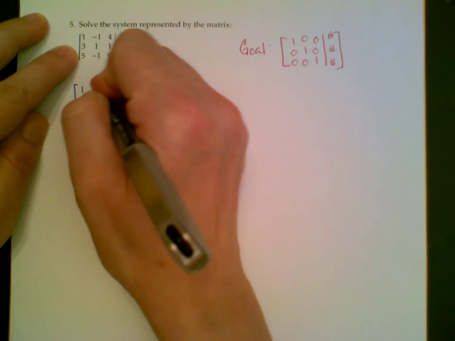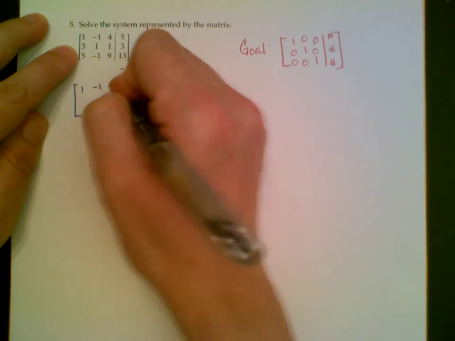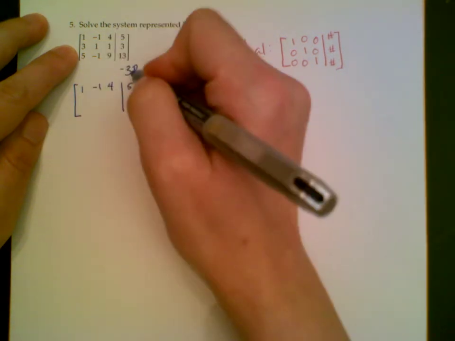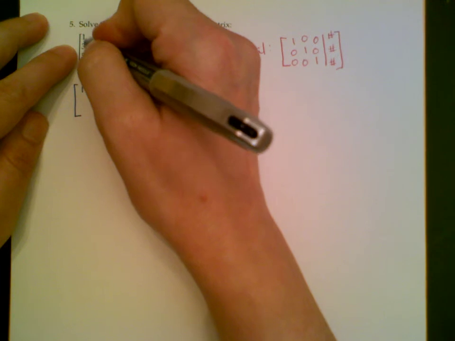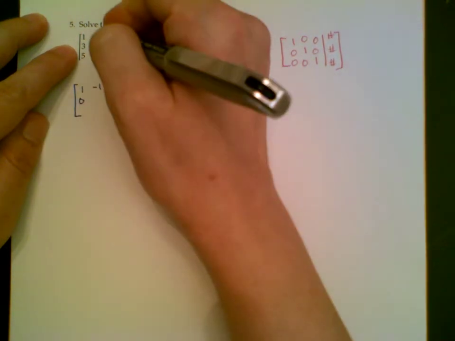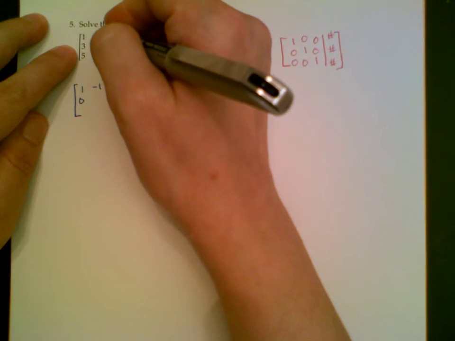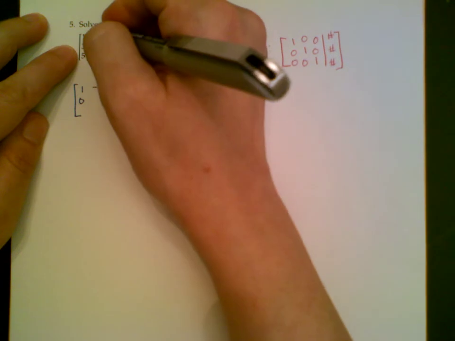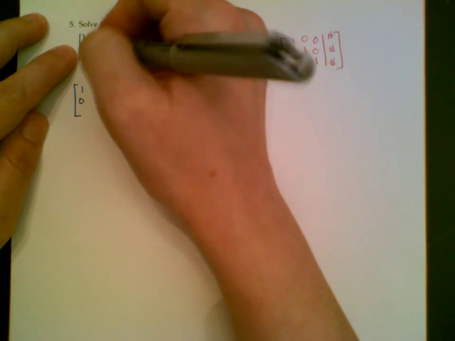Row 1 is not going to change with that, so I'm just recopying it. And -3 times 1 is -3, plus 3 is 0. -3 times -1 is 3, plus 1 is 4.